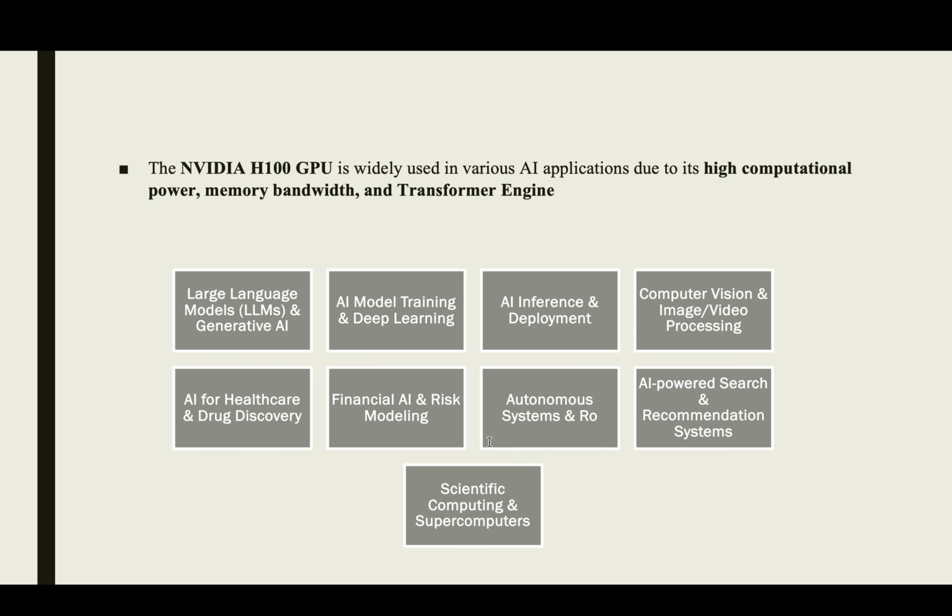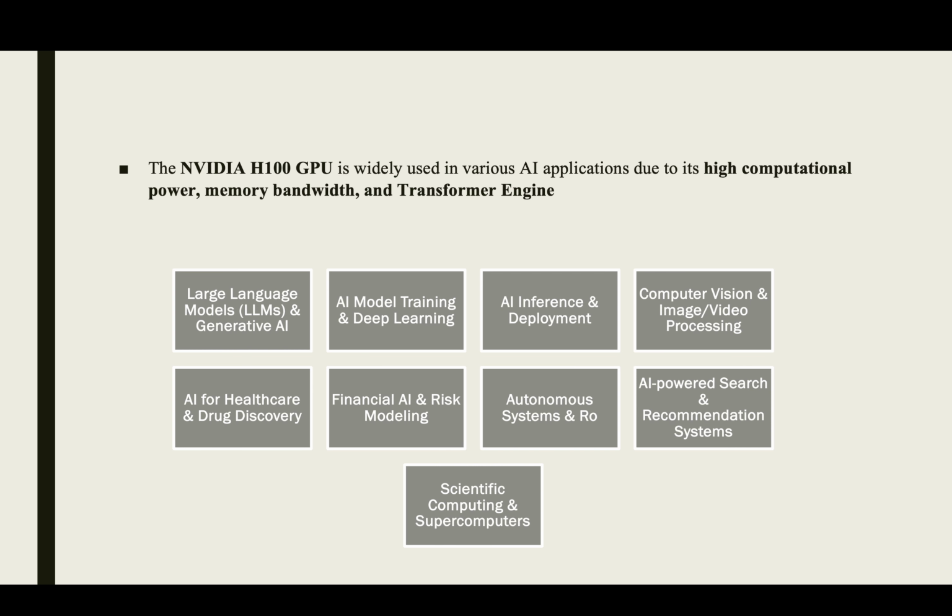Then from a financial AI and risk modeling perspective. Here it is used in factory automation, warehouse robotics, and Boston Dynamics, Tesla Optimus, drone, and defense AI. So it is used in autonomous systems and robotics.